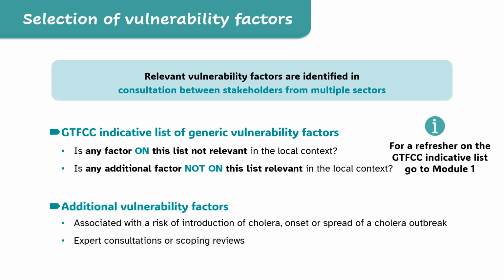Additional vulnerability factors not included in the indicative list are relevant in the country-specific context if they are demonstrated to increase the risk of introduction of cholera, onset of a cholera outbreak, or spread of a cholera outbreak. Additional vulnerability factors can be identified with expert consultations or scoping reviews.